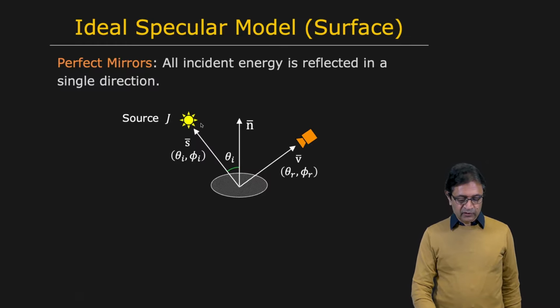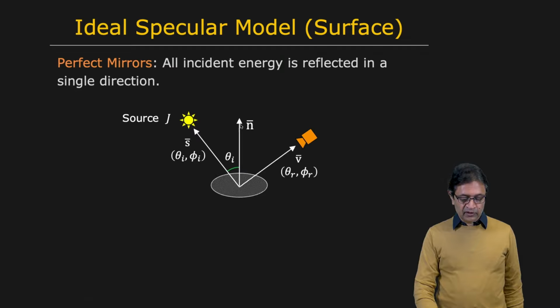So here you have your setup, you have a source, you have your specular surface right here with surface orientation n. If you illuminate it from the direction s, then it reflects light in one and only one direction, which is r, which is called the specular direction. And this vector r is a reflection of s about n.